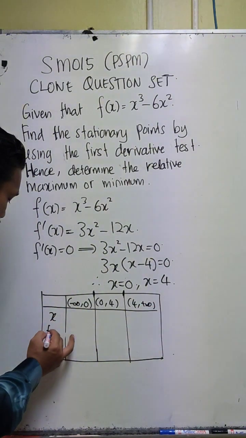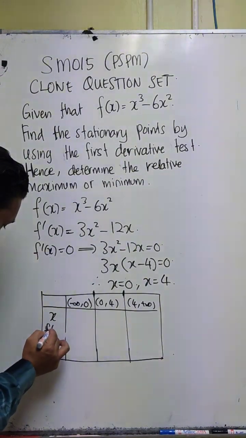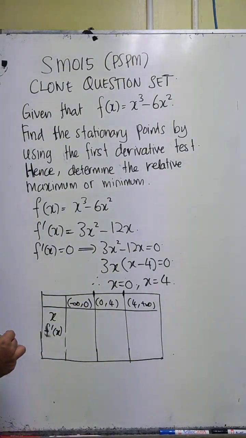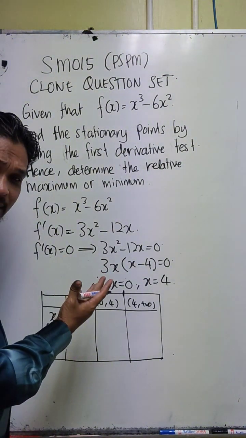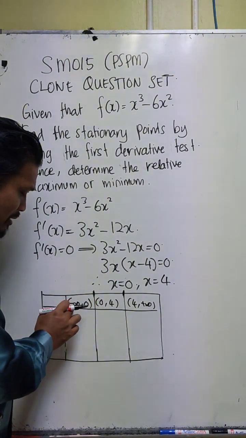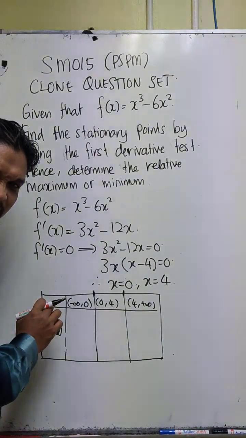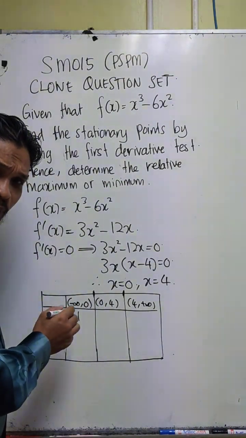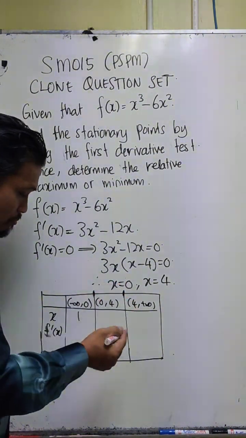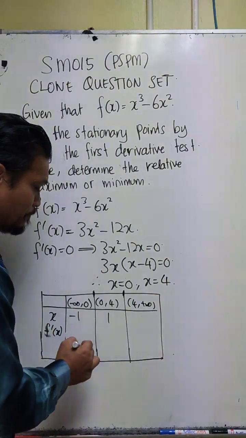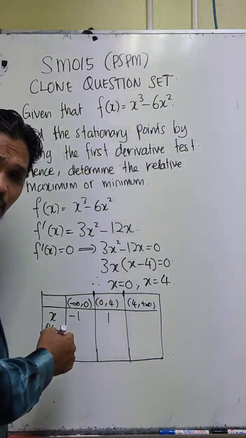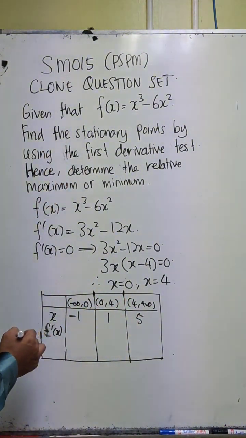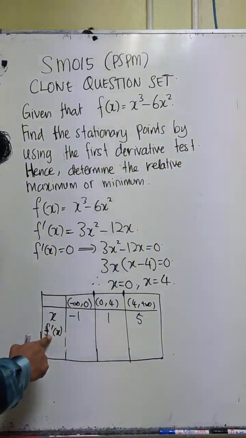I write down x and f prime x. Choose a value of x in each interval and keep it simple: negative 1 for negative infinity until 0, 1 between 0 and 4, and 5 after 4, not a large number.